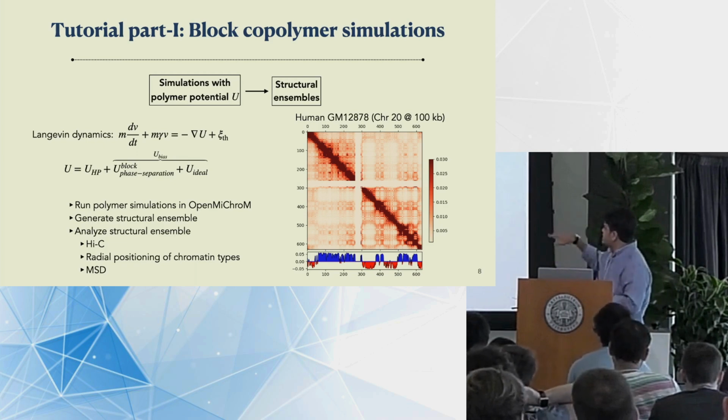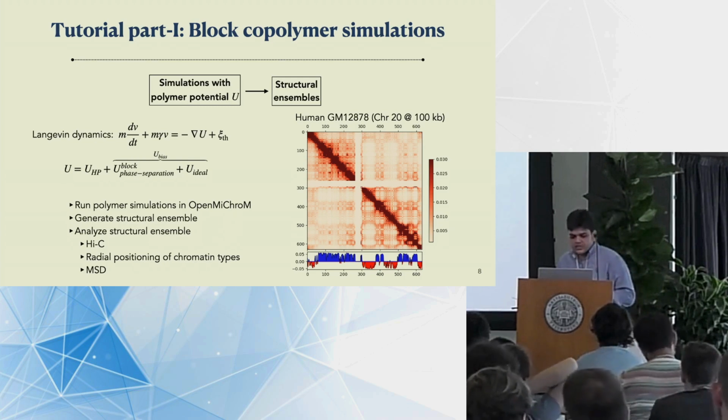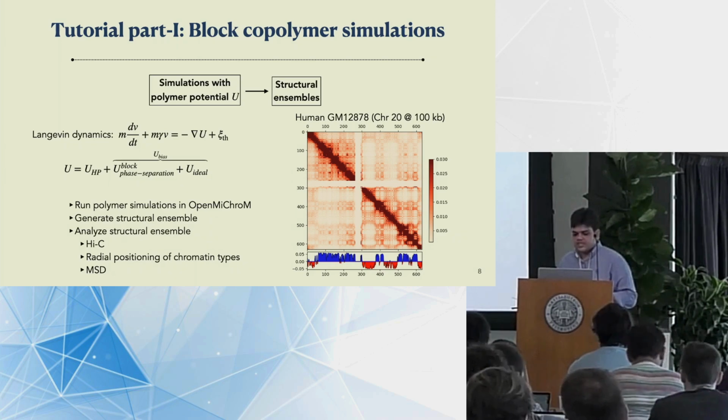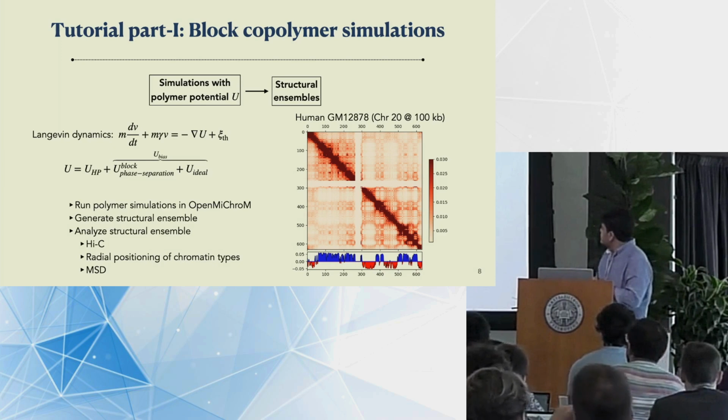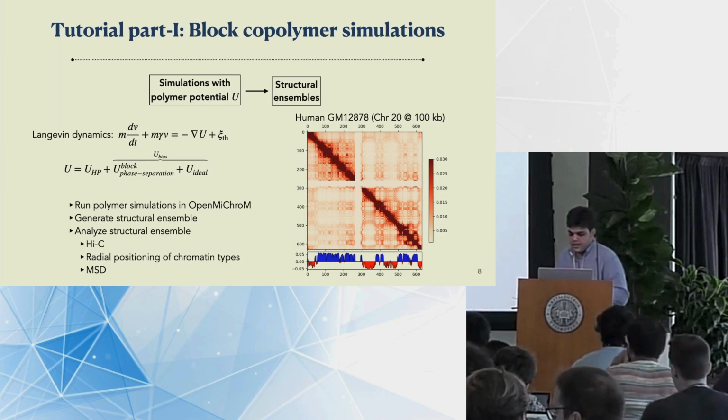And we will use some of the parameters for the ideal chromosome that we take from one of the original publications, which were already optimized. So that's what is going to be the first task. We use Langevin dynamics, and then use this potential on Langevin dynamics to run the simulation.